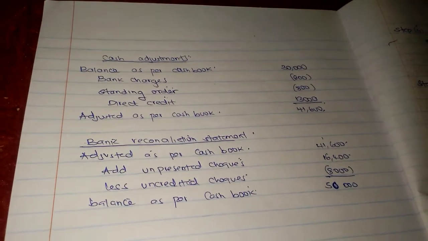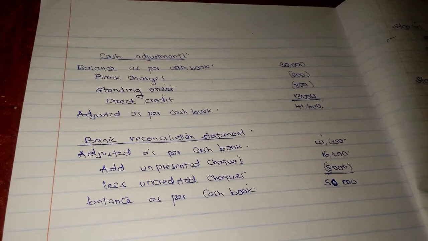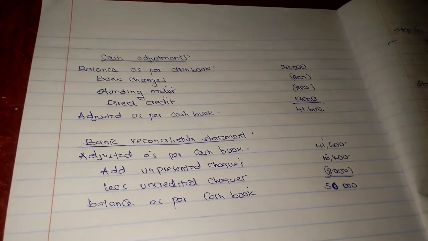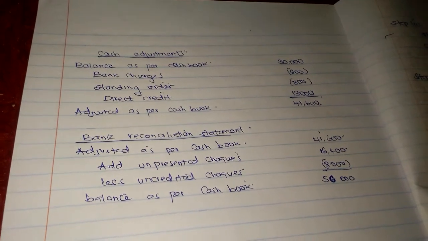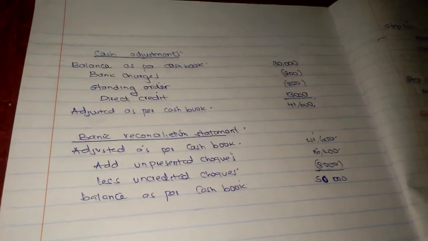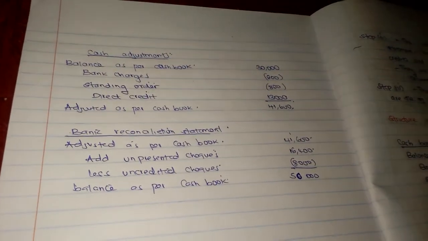Then after you find your adjusted balance as per cash book, you take it to the bank reconciliation statement, adjusted as per cash book, which is 41,600. You add unpresented checks and you less uncredited checks. So that is for all.